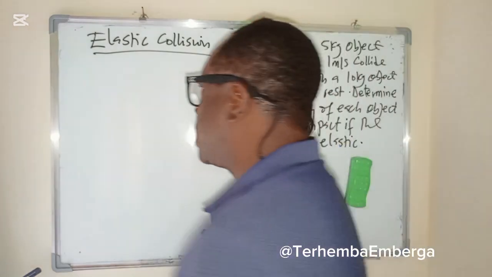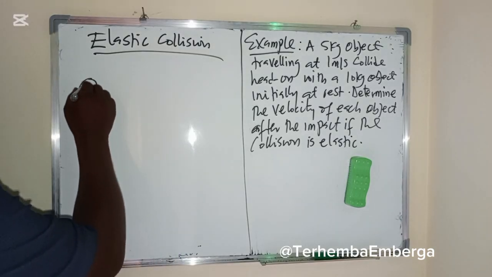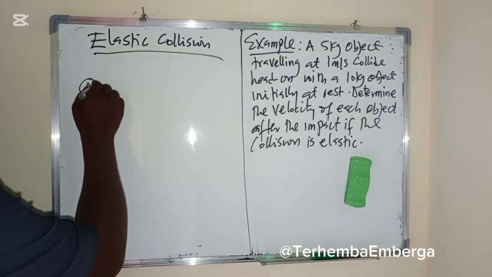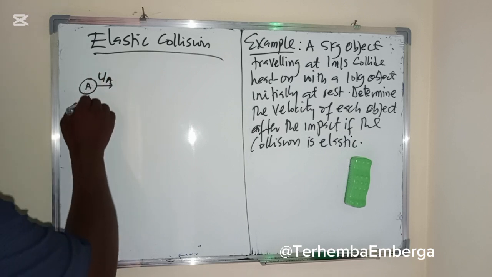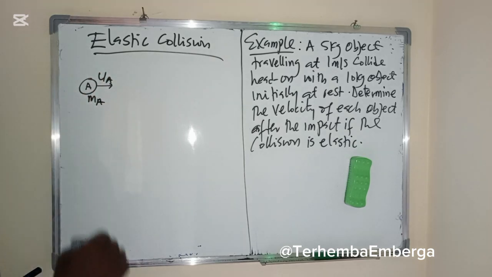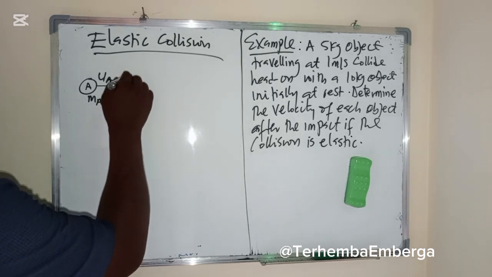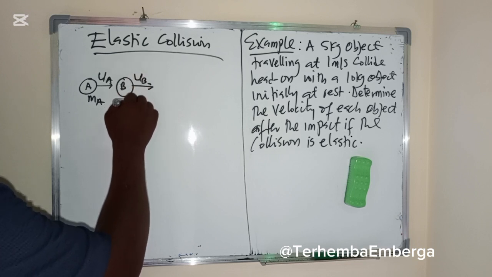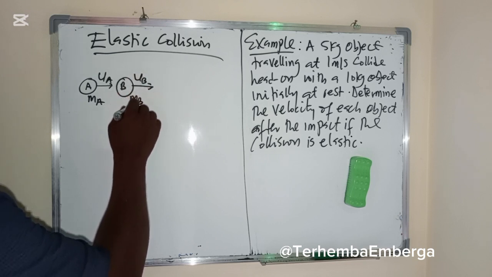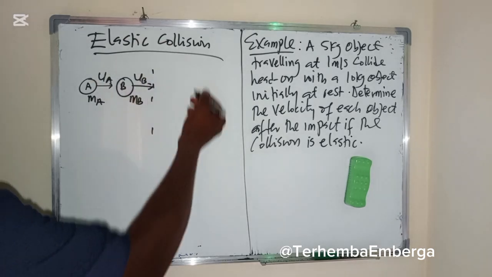So let's look at a scenario where we have a body A that moves with initial velocity UA and has a mass MA, and a body B that moves with an initial velocity UB and has mass MB. This is before collision. After collision, what happens?